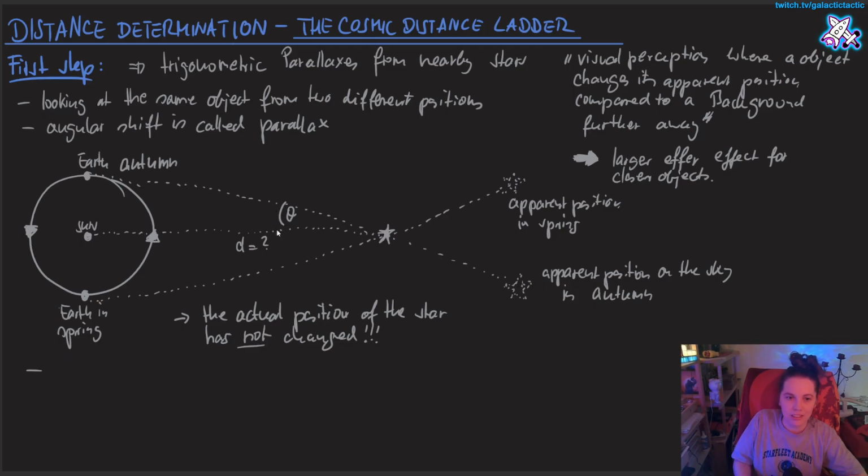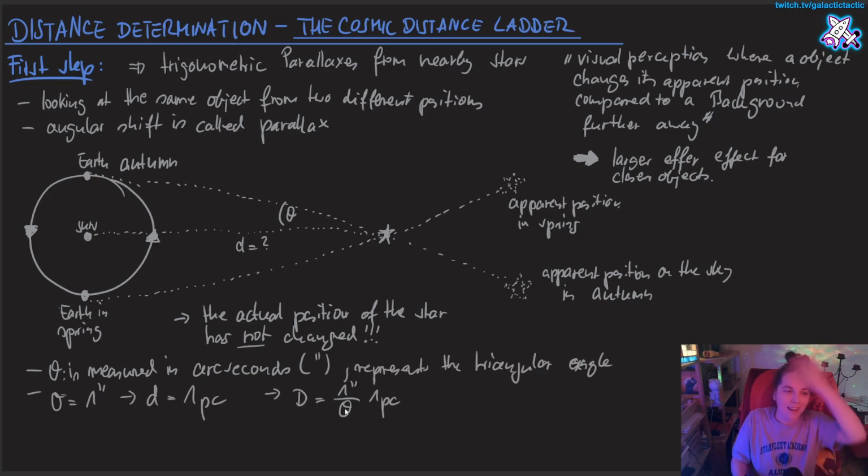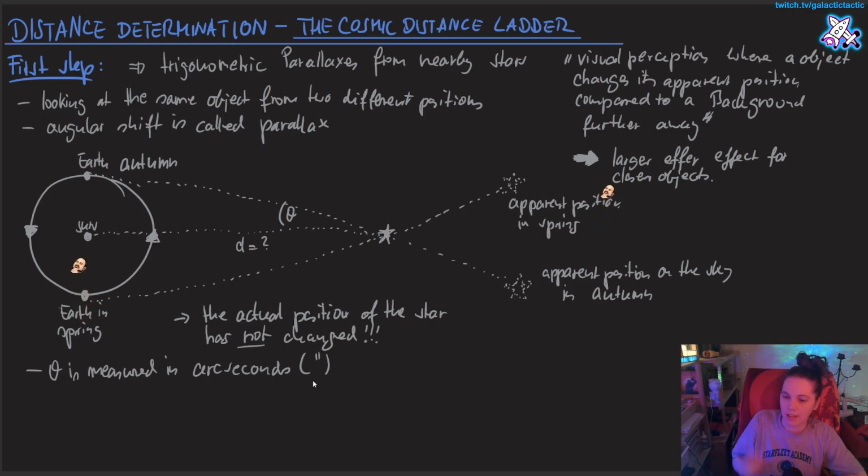This angle is a very, very small angle, okay? We're talking about very, very small. And it's measured in arc seconds, which you note like this, two little quotation marks. It means arc seconds. It represents a triangular angle, right?